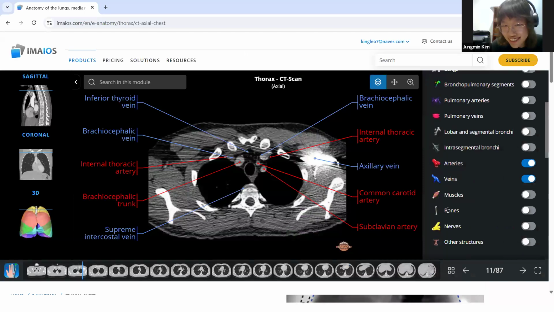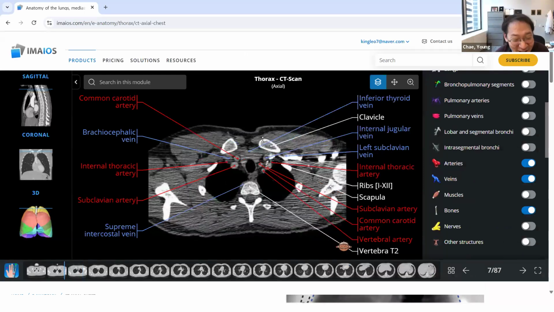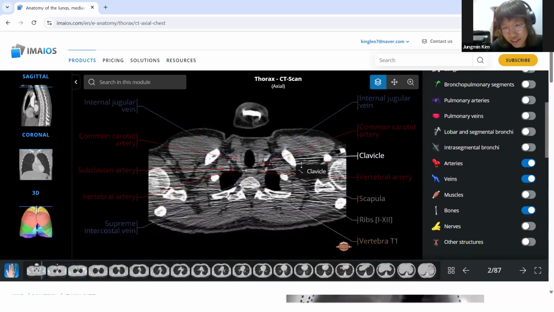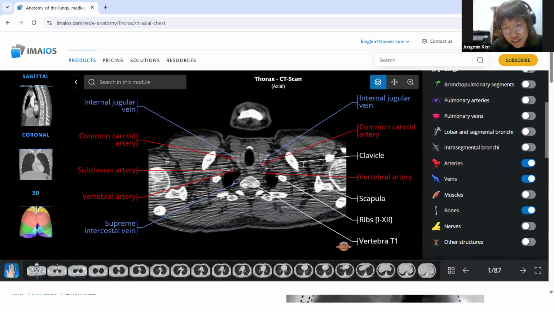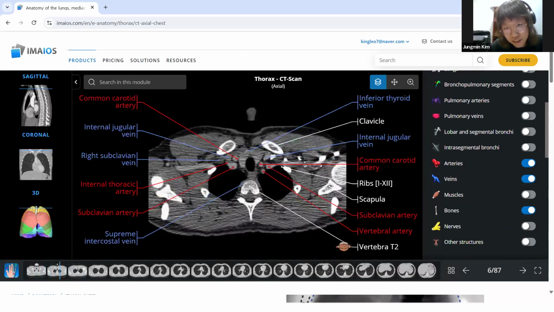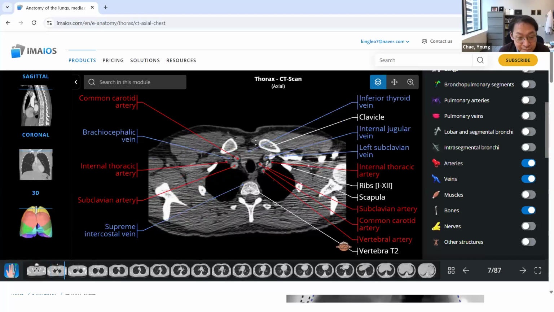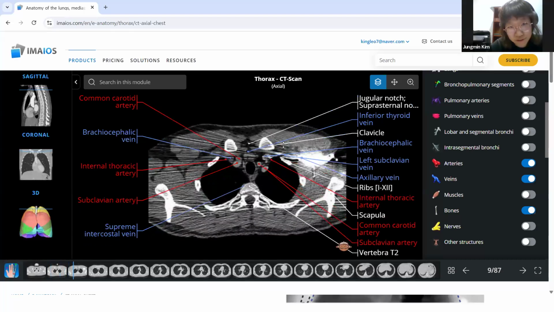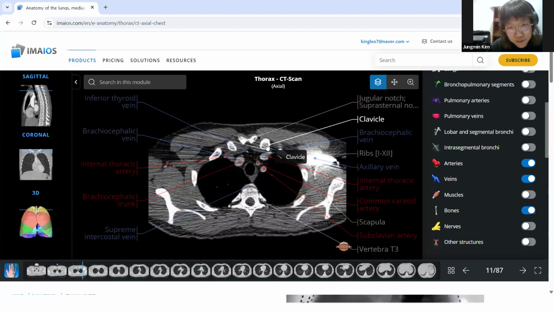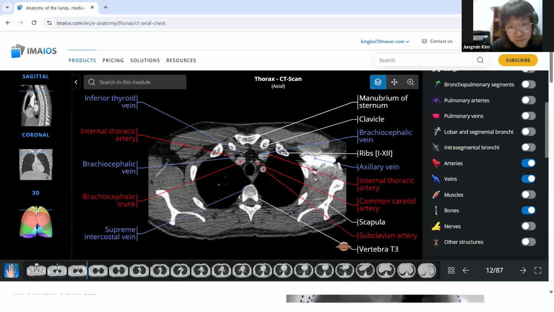So this is the clavicle. You can see it, unlike ribs, moving on this. Between the soft tissue and the clavicle's contact with the manubrium.